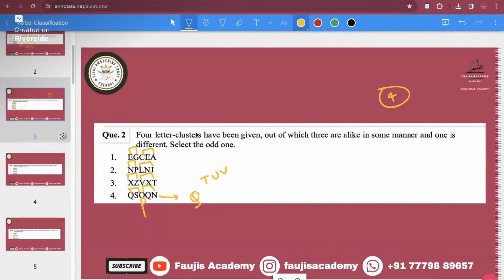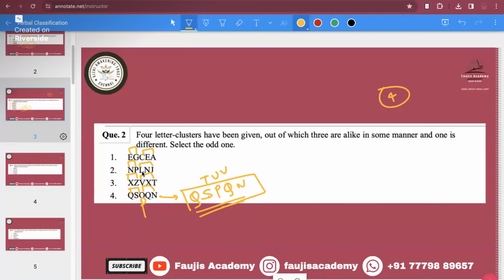But many a time, in the old times, they used to ask more than one concept in one question. Had it been Q, S, E, P, Q, S, P, Q, N, then it would have been in the same series.